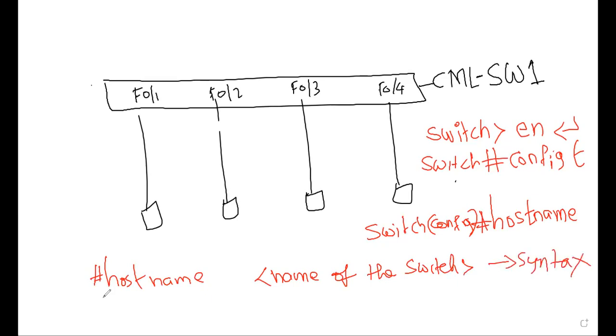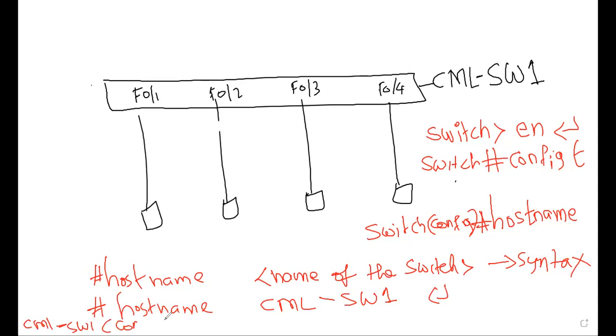So in reality, this means you are already in global configuration mode. There I'm going to put hostname space CML SW1. If you press enter, then instead of switch, your name comes like CML SW1. Then it comes like config.